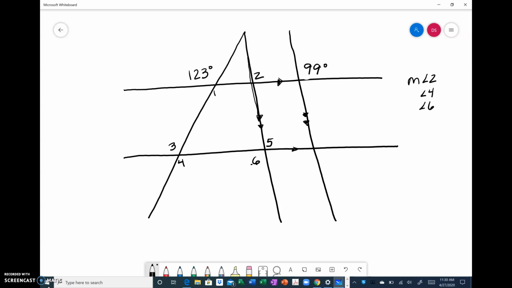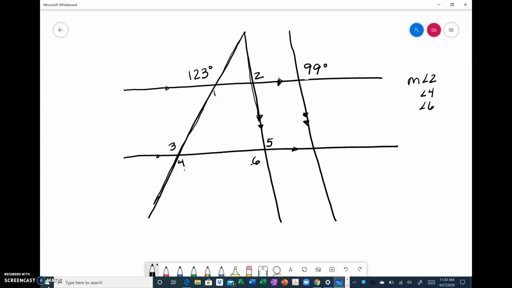Actually, let me bump over here. 1 and 4 are also corresponding because this is an intersecting line to two parallel lines, okay? And you can see that arrow there, okay? So 1 is bottom right and 4 is bottom right in its intersection. Well, I just told you that you should know what measure of angle 1 is, okay?